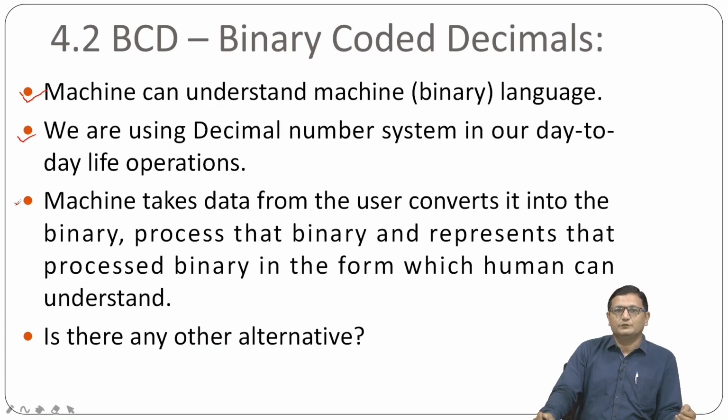So whenever you give any kind of number, obviously we enter it in decimal form, but that gets translated into binary. The machine takes data from the user, which is converted into binary, and then that binary is processed by the system. The information produced by the CPU is again in binary form, and then output devices convert it into decimal again and present it to us.